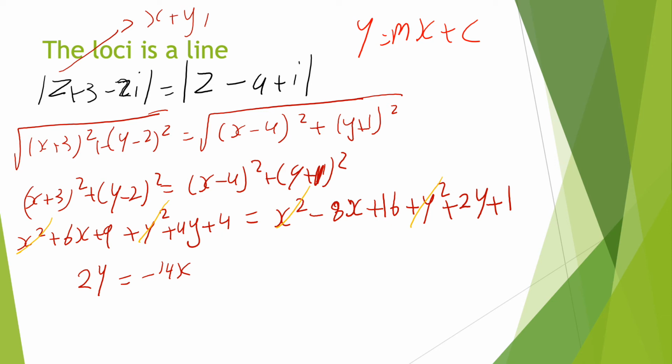And then we have the 9 and the 4, that gives me 13. And here I have 17. So taking the 13 to this side, I'm left with 17 minus 13, which is 4. So it's plus 4.